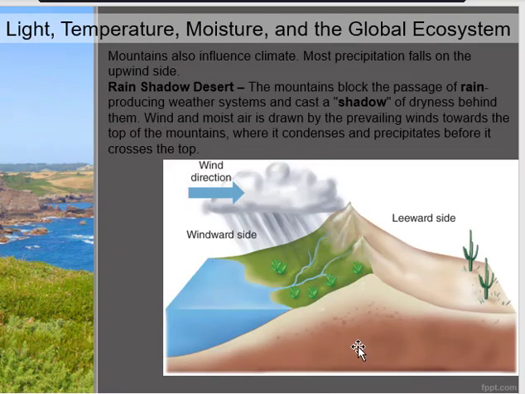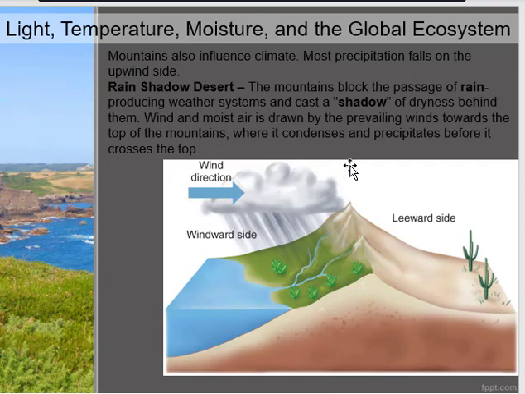Rain shadow deserts. Here are the Rocky Mountains. If you go to California where they raise vineyards, have grapes and things like that, there's a lot of rain. You need a lot of rain to raise things like grapes and vineyards and agriculture, etc. But then, that's because this cold air is coming along, and the currents get moved up, and as they go higher and higher up the Rocky Mountain range, they get cooler, and all the water leaves the cold air.